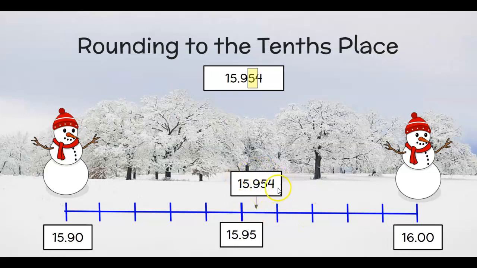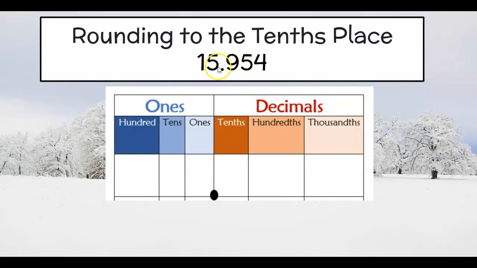Well, if we look at it on our place value chart, you can see that we put in the digits in each place value, and the 9 is in the tenths place, right? We look next door to the 5. We know that it pushes it up. So what's more than 9? Well, 10. Remember, we can only have one digit per place value.